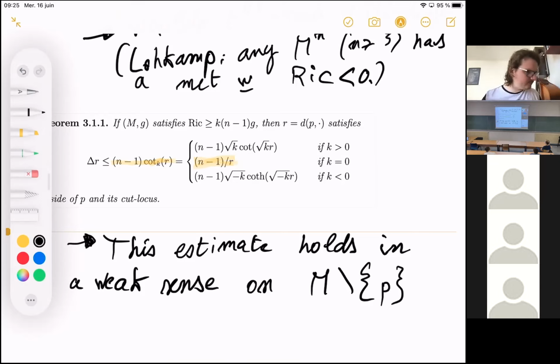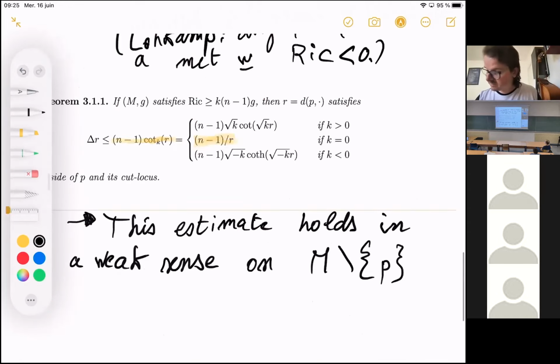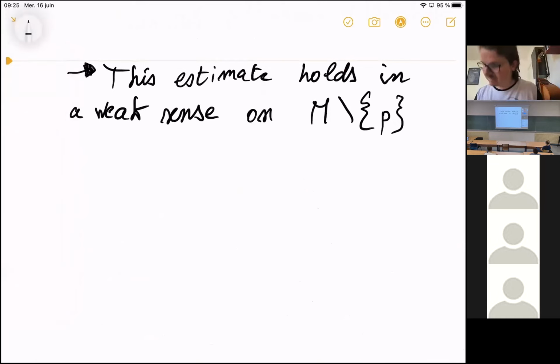Okay. So maybe an application of that. The first application is probably a theorem that you encountered in your first Riemannian geometry lectures.